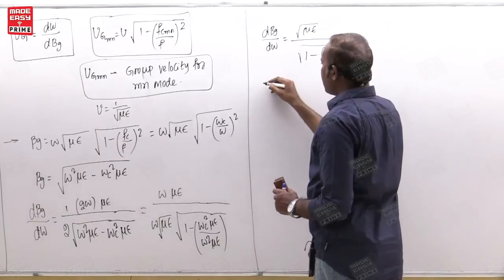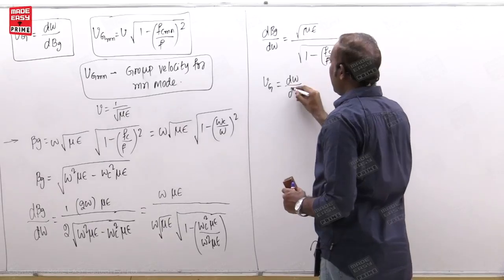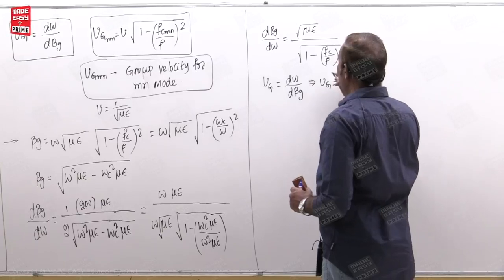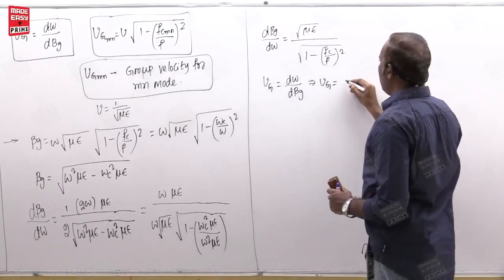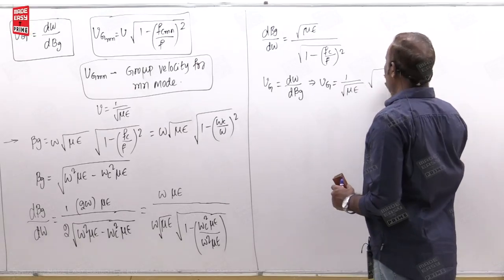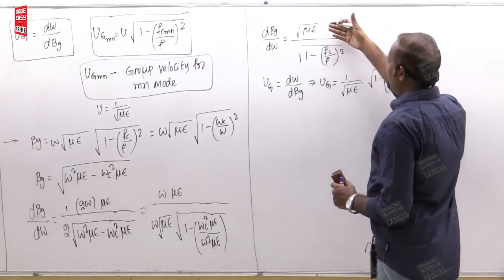Now the definition of group velocity is d omega by d beta g, that is nothing but the reciprocal of this one, that is 1 by root mu epsilon, root of reciprocal of this one, students.